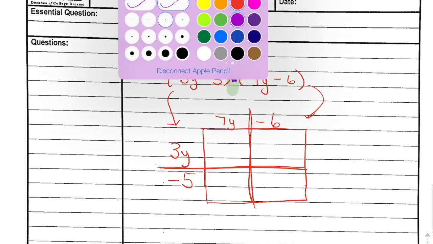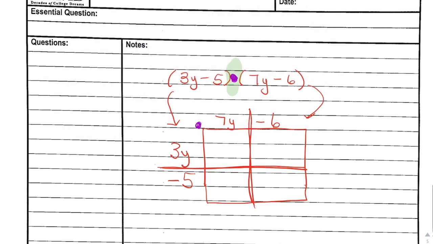we can start our multiplying. Remember, this is just a big multiplication chart. So 3 times 7 is 21. Each of these y's have a 1 by them. So 1y, 2 y's, so y to the second. Then I work my way across. 3 times negative 6, negative 18.